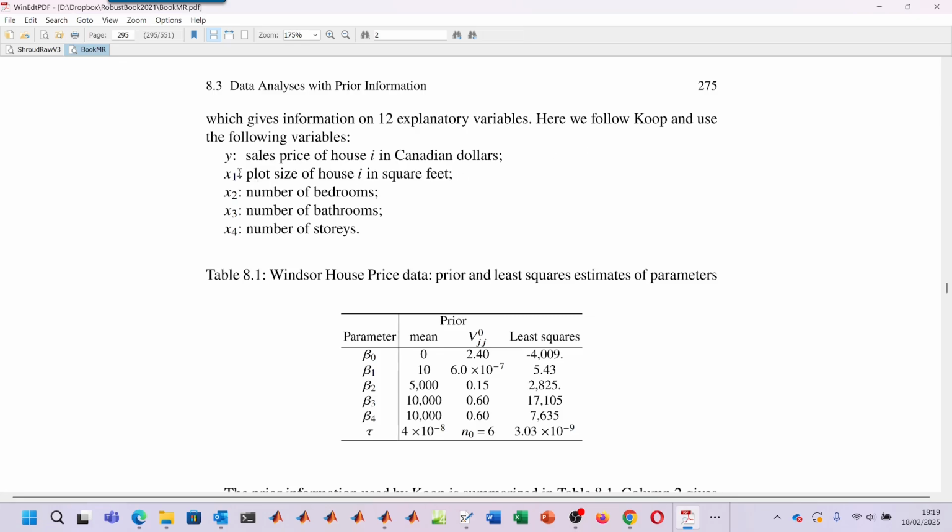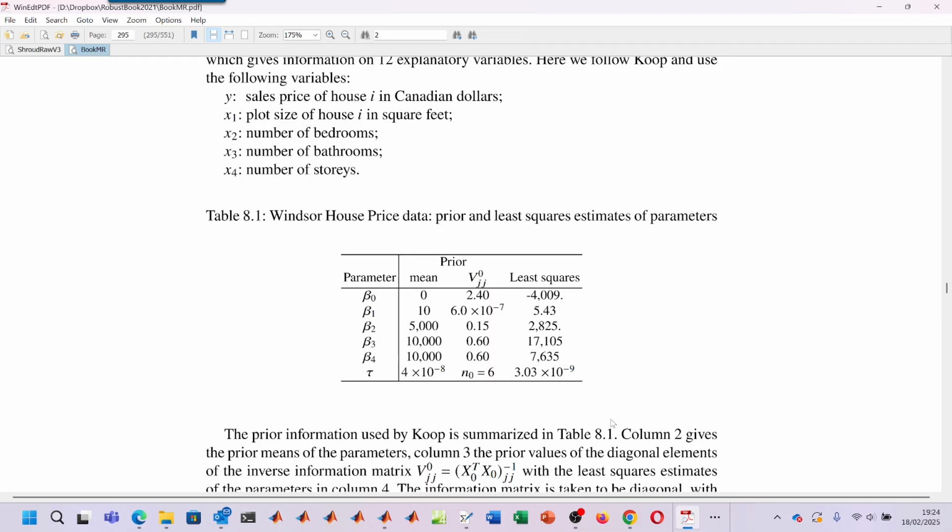We follow him in this. The variables, you can see them there, all have to do with the description of the house, rather than, for example, with its location, the kind of area that it's in, or its age for that matter.